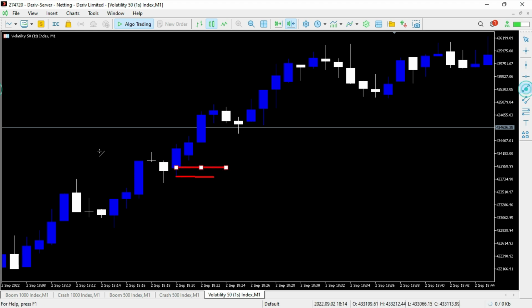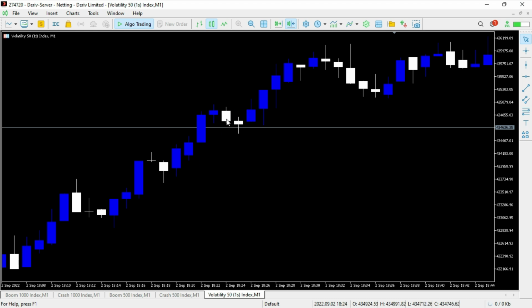We'll have the closing price here, and we'll also have the high here. You see that? We also have the high, which is the wick. So the same thing is applicable with the bearish candle. So this is the high, this is the opening, this is the close, this is the upper wick, this is the lower wick. This is what we call a bullish candle pattern.